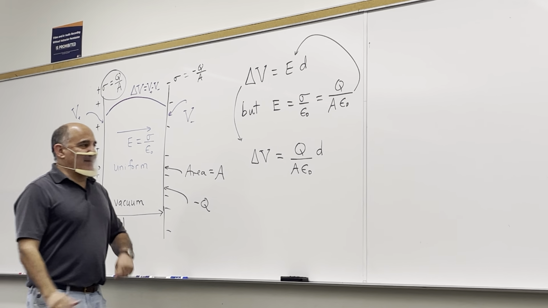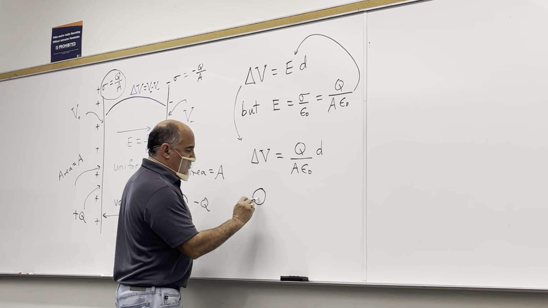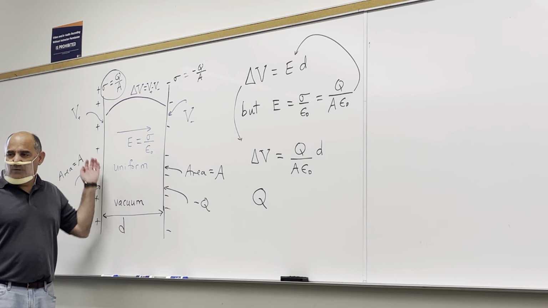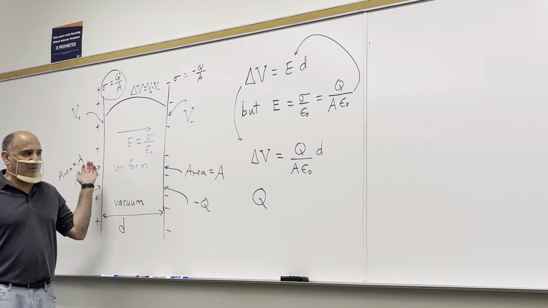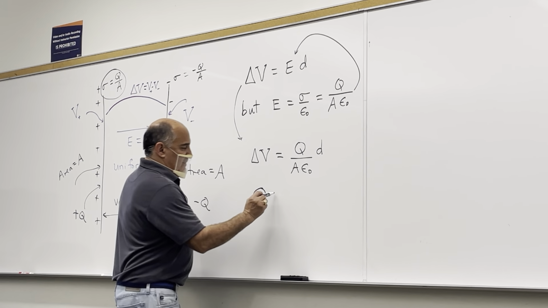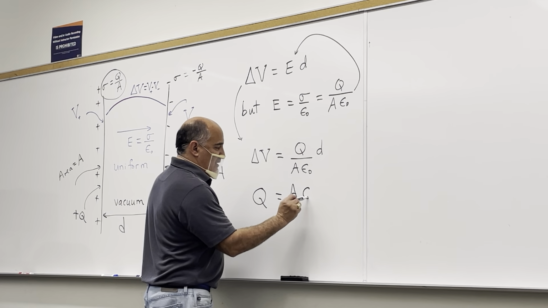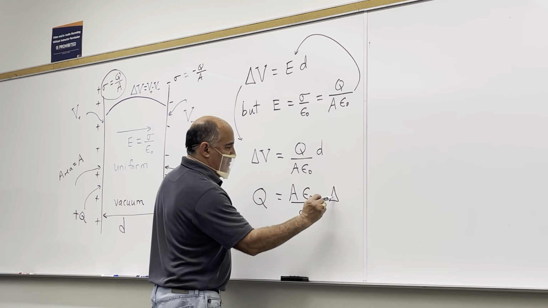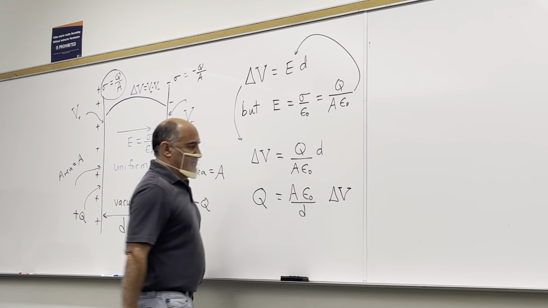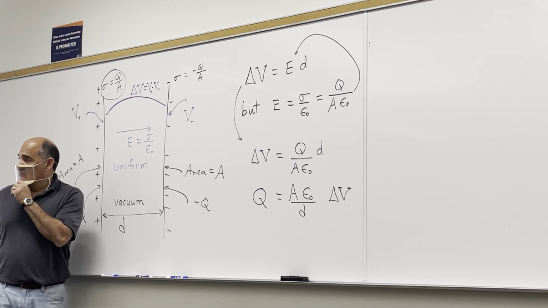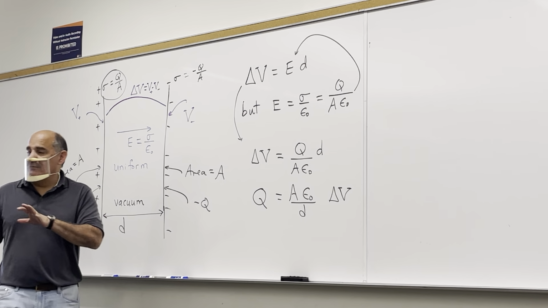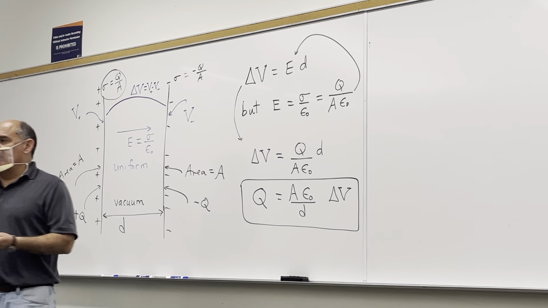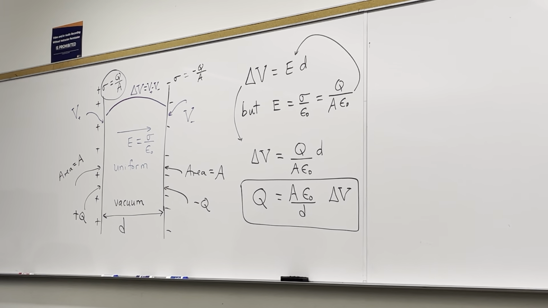And it means that I can write this equation: Q, the magnitude of the charge on either plate, equals A times epsilon naught divided by D, times delta V. Correct? I haven't done anything new yet. All of this is stuff that we learned in chapters 22 and 23.